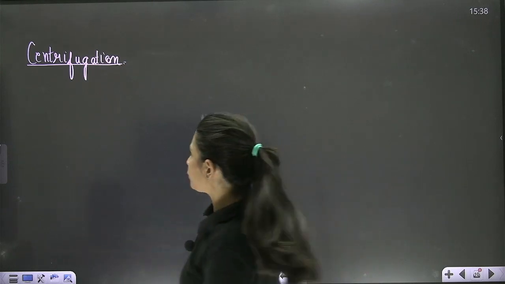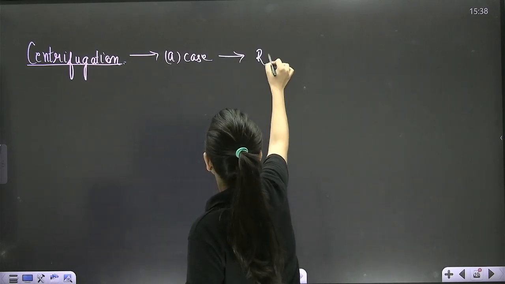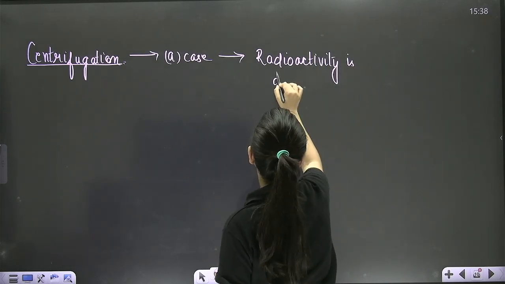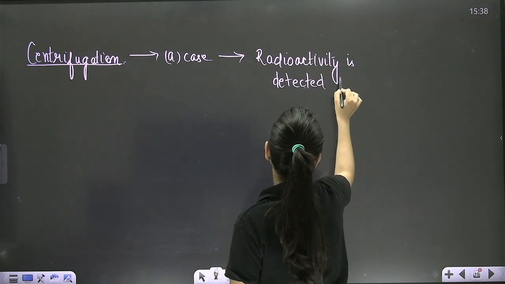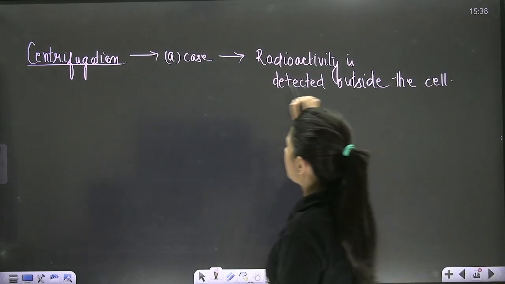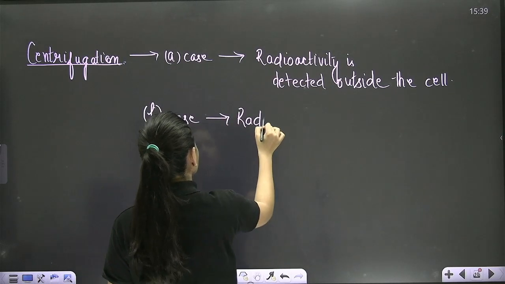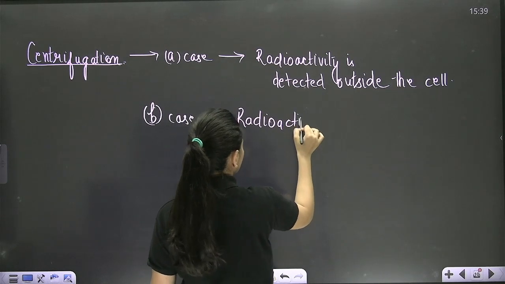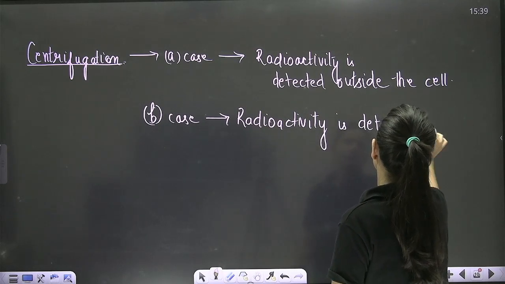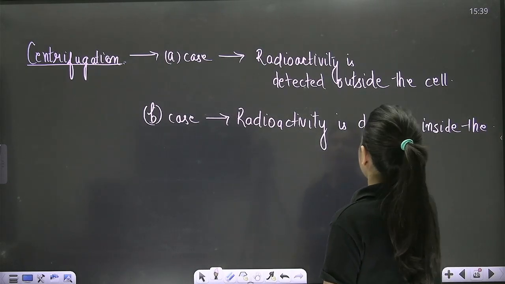Right? So when we do centrifugation, in case A, radioactivity is basically detected outside the bacteria, whereas in case B, radioactivity is detected inside the cell.